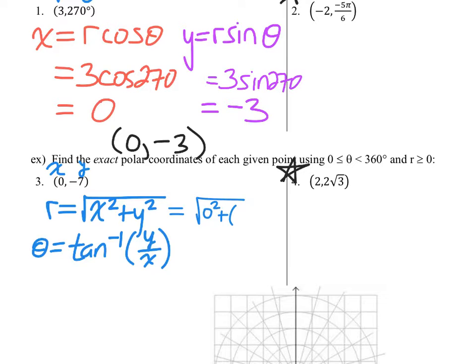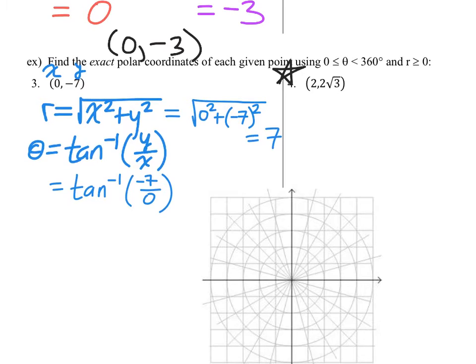Yeah, it's one of those where I put the answer in the question. Which is 7. Thank you. Inverse tangent, -7 over 0. All right, so I got the r value.